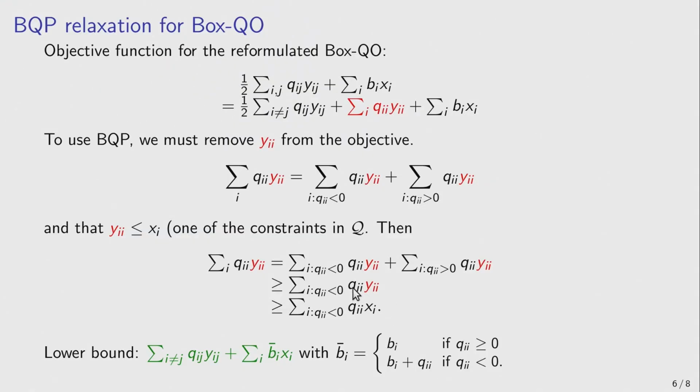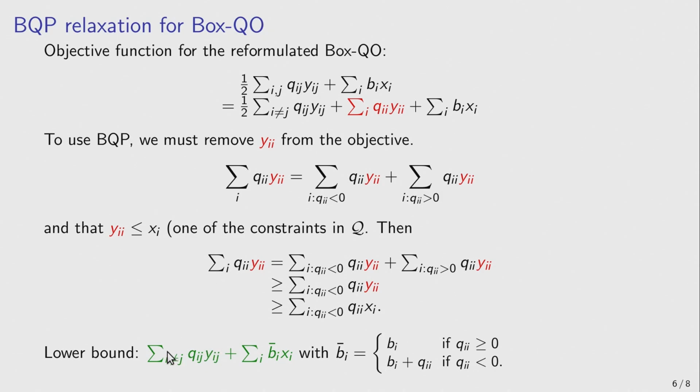So if we take negative coefficient Qii and we sum them up with the corresponding Yii, this is again an upper bound for the same summation where we replace back the Xi instead of the Yii. This step is crucial because we really got rid of the Yii. We didn't project them out, we just got rid of them by getting a lower bound on this diagonal term that we didn't want.